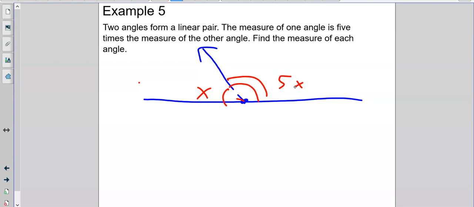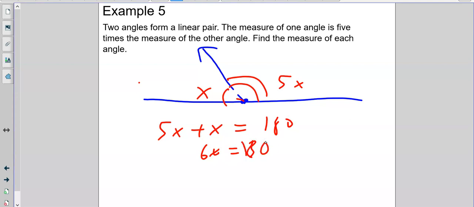So I'm going to take 5x plus x, because remember, linear pairs add up to 180. That gets me 6x equals 180. Divide by 6, x is 30.